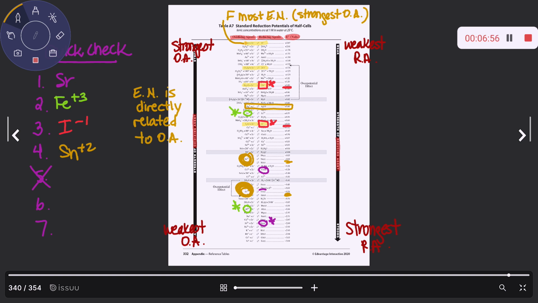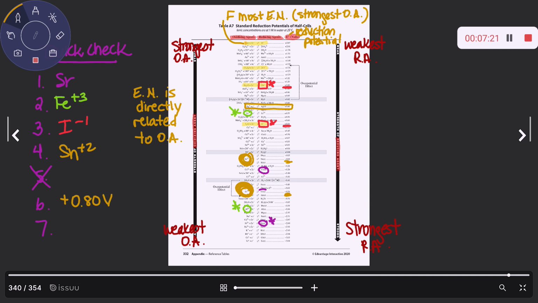So this, as it is written, is the reduction potential, okay? So positive 0.80 volts.